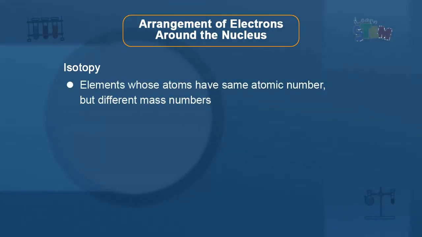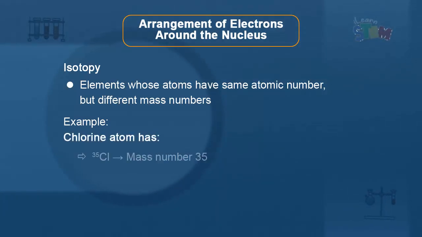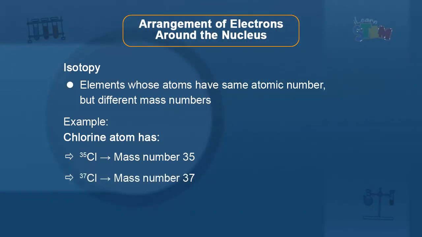Isotopes are atoms of the same element that have the same atomic number but different mass numbers. This means they have the same number of protons but different numbers of neutrons. A good example is chlorine. Chlorine naturally exists as two isotopes. One isotope has a mass number of 35. The second isotope has a mass number of 37.